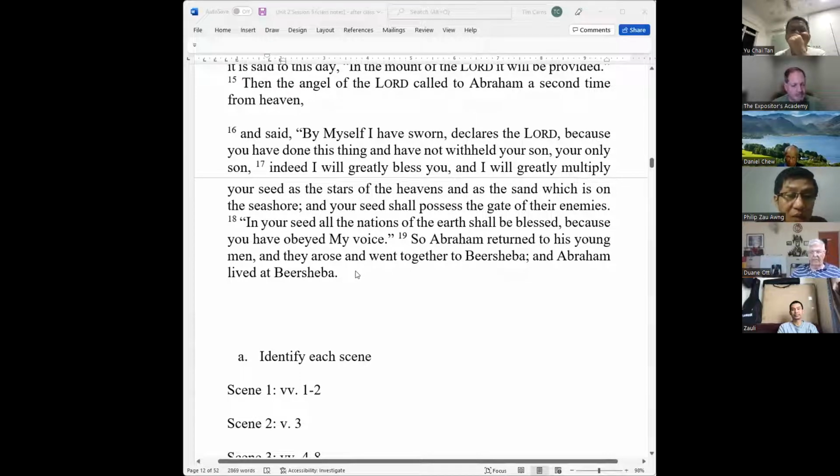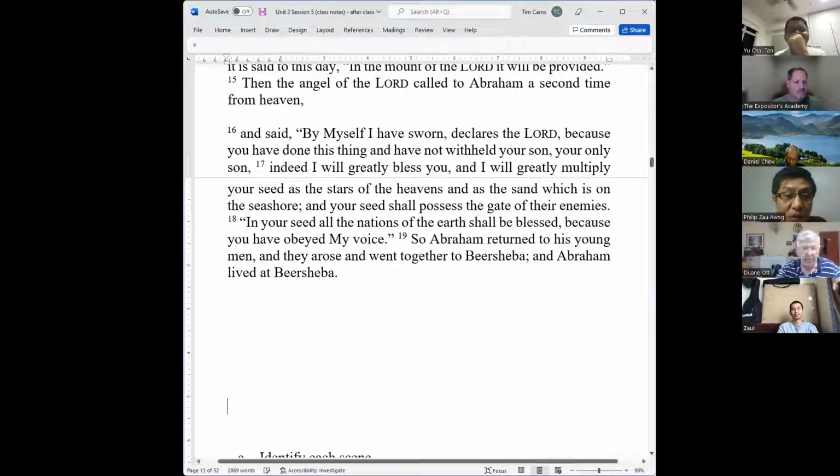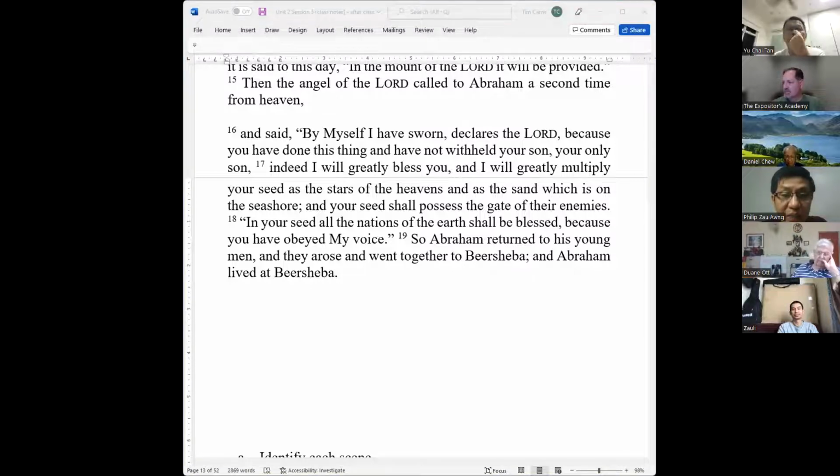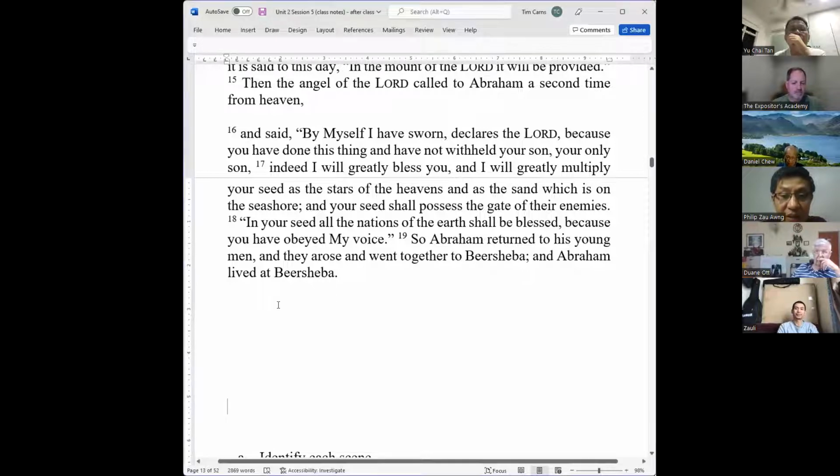And said, "By myself I have sworn, declares the Lord, because you have done this thing and have not withheld your son, your only son. Indeed, I will gladly bless you, and I will greatly multiply your seed as the stars of the heavens and as the sand which is on the seashore, and your seed shall possess the gate of their enemies.